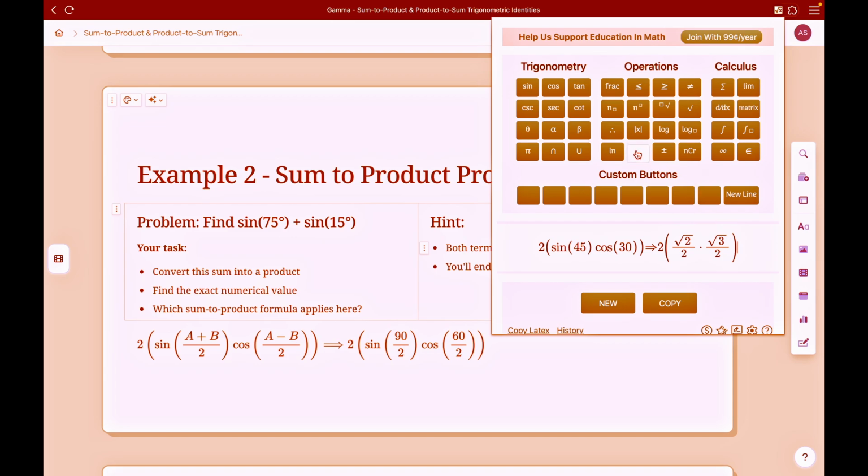The final step to do over here is to simplify further. Now, since there's a 2 over here and a 2 over here, these cancel out to give 1. So then, square root of 2 times square root of 3 over 2 is the square root of 6 over 2. Square root of 6 divided by 2, which is the rationalized form, which you will normally see as the answer in most textbooks.